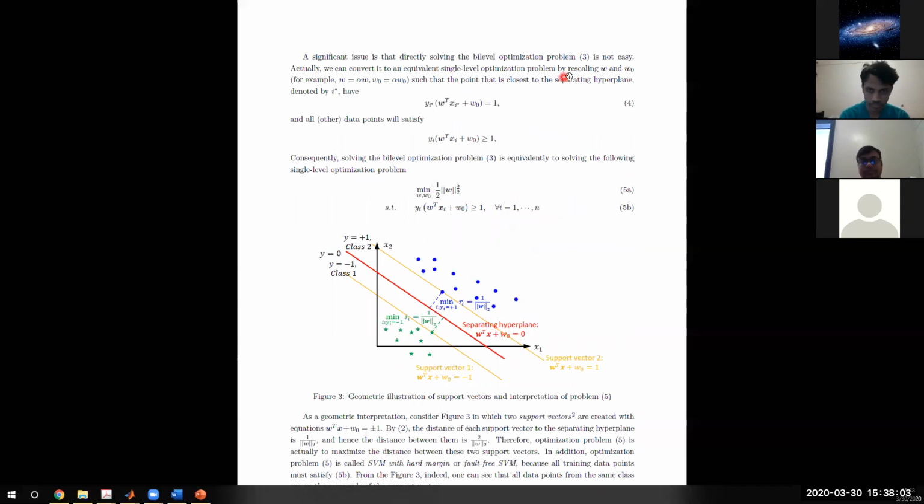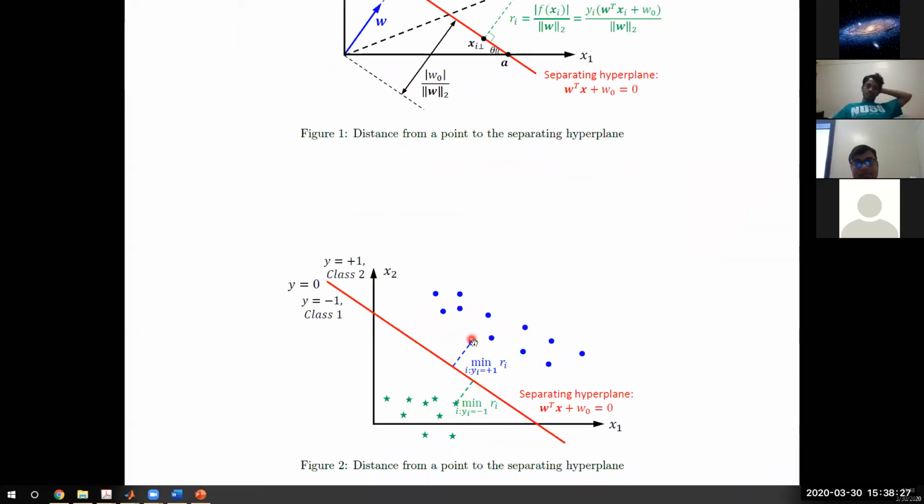So what I can do is that I can rescale the W. For example, you can randomly give an alpha and set W equal to alpha W and W0 equal to alpha W0. The purpose of this is to make this number to be 1, where I star means the points that are closest to my separating hyperplane.